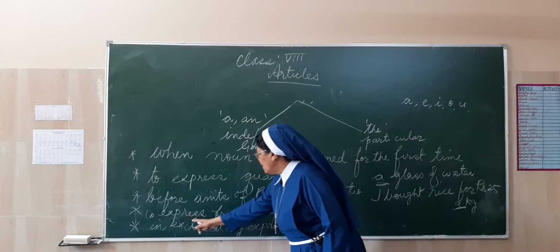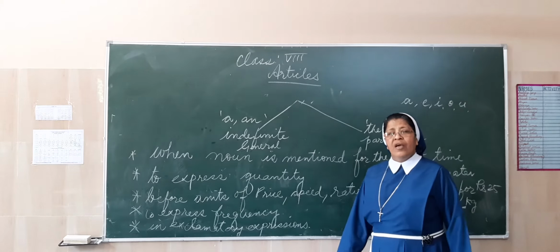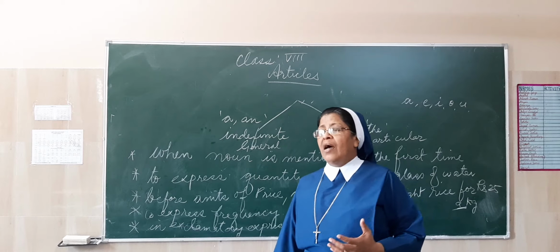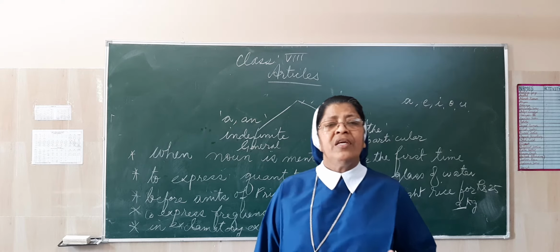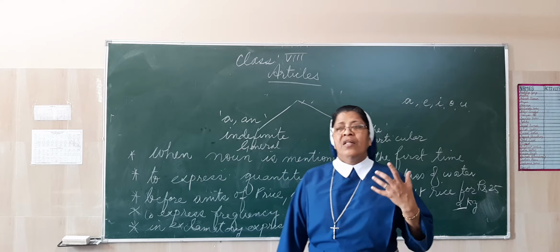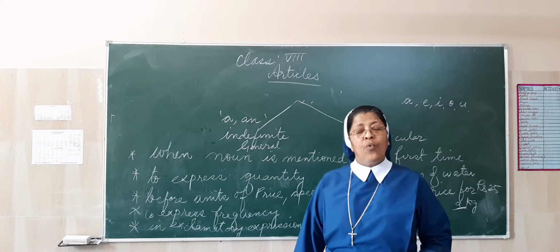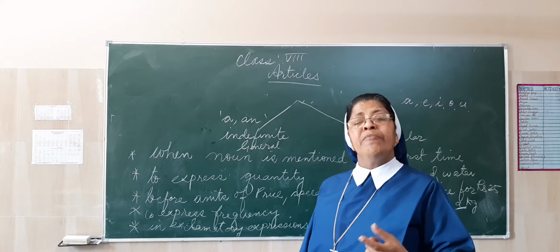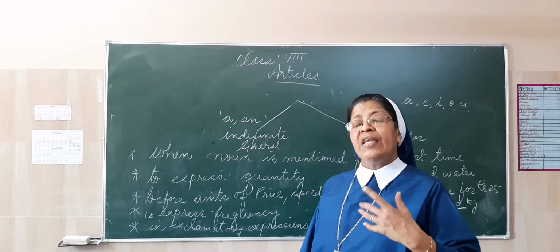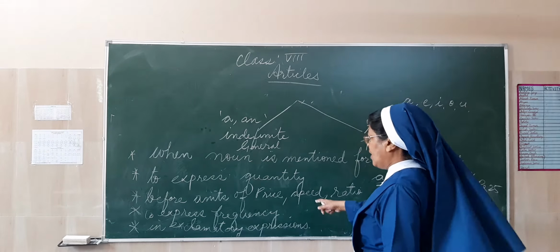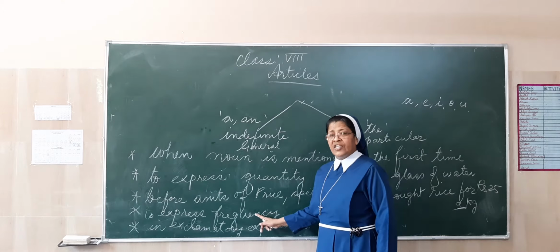Same way we use it to express frequency. For example, say my doctor advised me to take the medicine thrice a day or twice a day, once a day. Again I am showing the frequency, how many times the doctor has asked me to take. So there also we use the article.